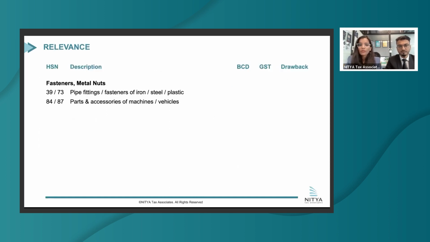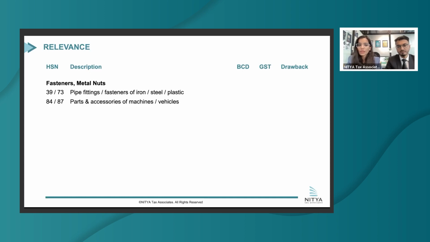So now coming again to the relevance of classification, let us see an example of why we classify. With respect to fasteners, a very prominent dispute is whether they are classifiable under their own heading of plastic or metal, or as parts and accessories of motor vehicles. There is an adverse judgment of the Supreme Court which says they are classifiable as parts and accessories.